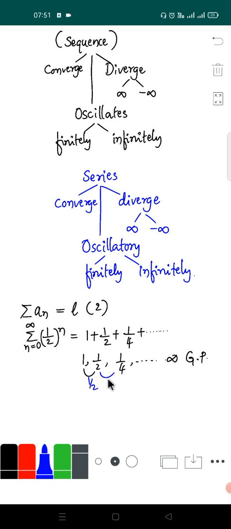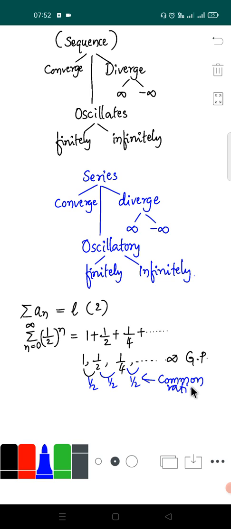Its common ratio: 1 is multiplied by half, this half is multiplied by half to get 1/4. This 1/4 is multiplied by half to get 1/8. This half is called the common ratio.